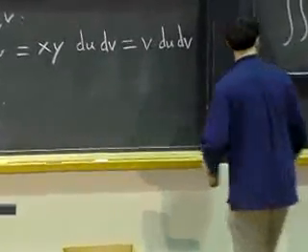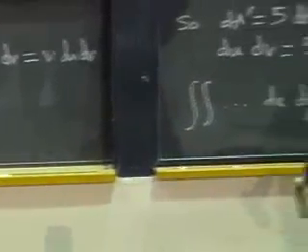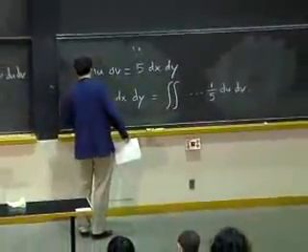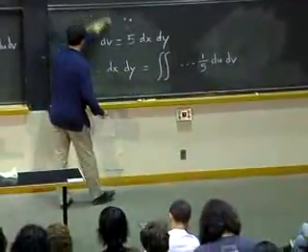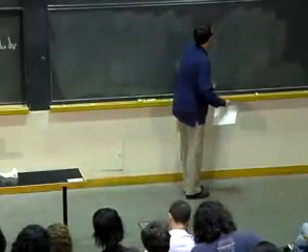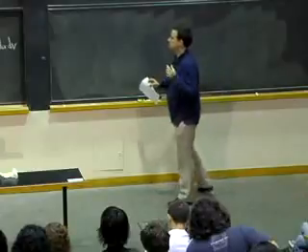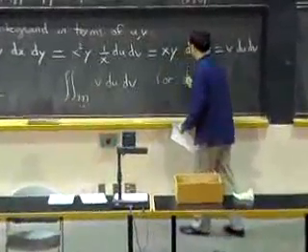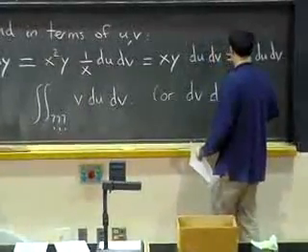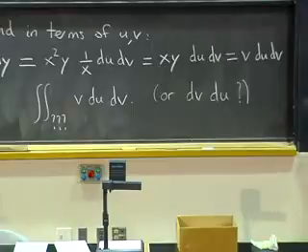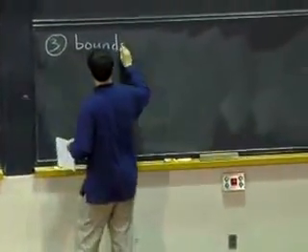We don't know yet. It could be dv du if that's easier. So let's try to find the bounds. In this case, that's the hardest part.